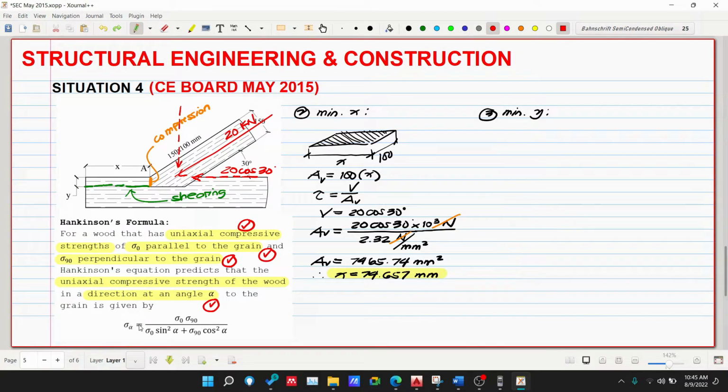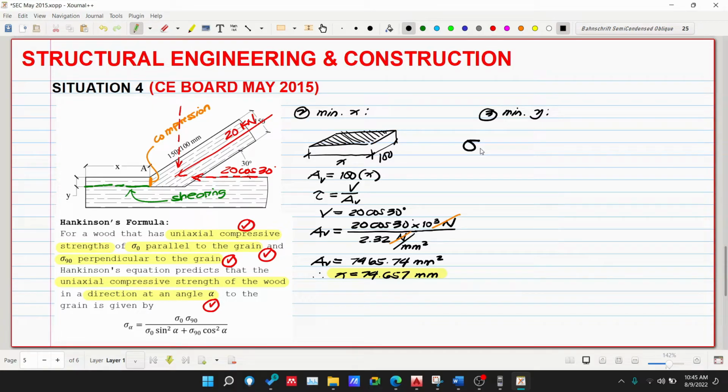Ating sigma or stress with respect to angle alpha is equivalent to the compressive stress parallel to the grain multiplied by the compressive stress perpendicular to the grain over the compressive stress parallel to the grain multiplied by sine squared of alpha plus the compressive stress perpendicular to the grain multiplied by cosine squared alpha. So, yun ang gagamitin natin. Okay?